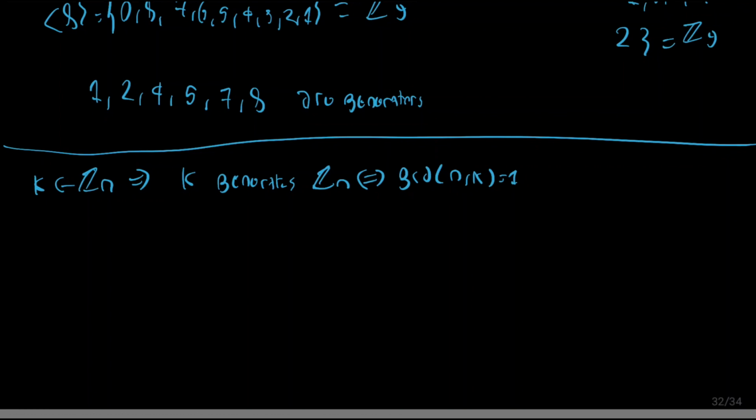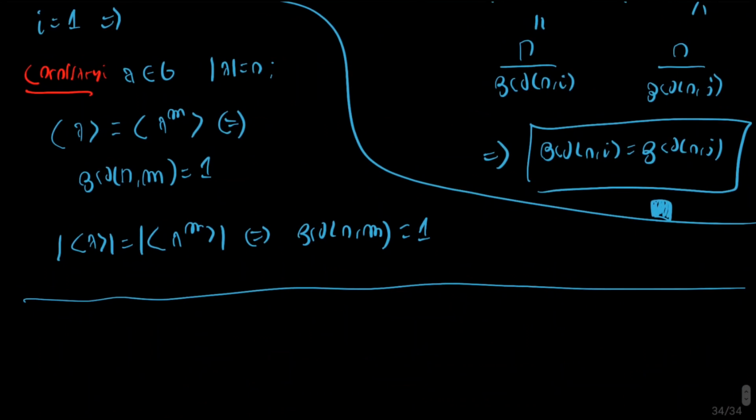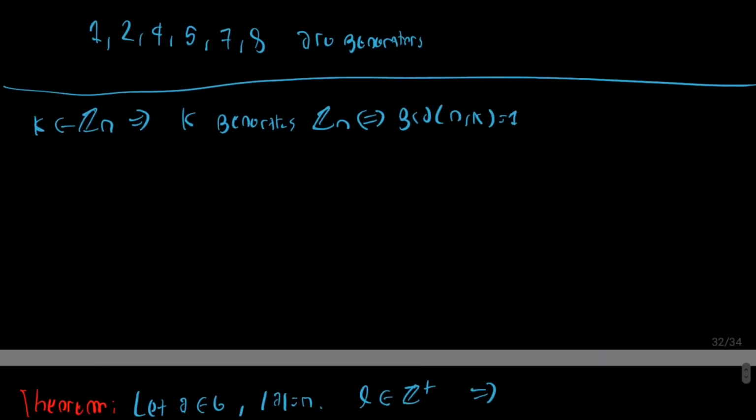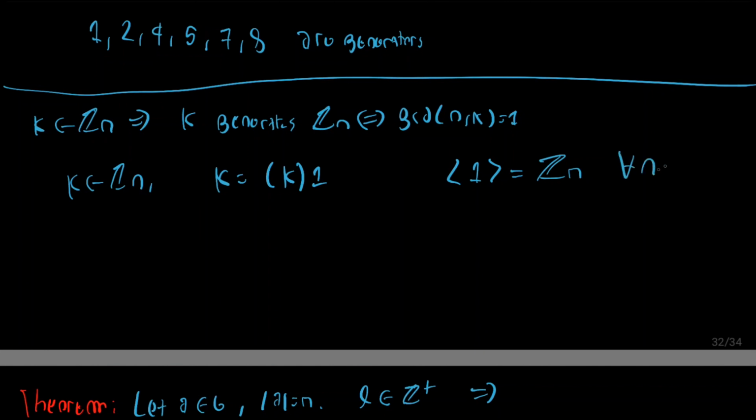Okay, but we said here this condition about the equality of cyclic subgroups generated by elements of a group with the GCD. But now we see that an element k in Zn can be just written as k times 1. And, well, 1 spans Zn for all n.